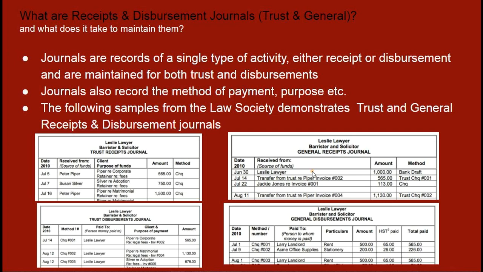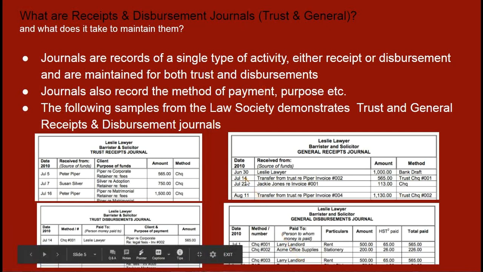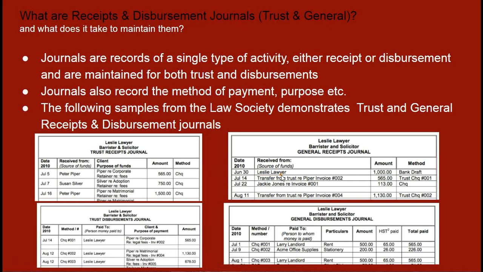And you can see within the data elements captured in the general receipts and disbursements, you have the date, the sources of the funds, so receipt from, where did this money come in from? The amount and the method.